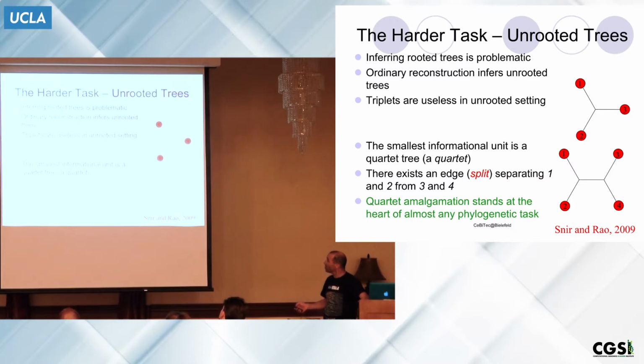The smallest information unit is then a quartet tree, which tells you that there exists an edge, a split, that separates 1 and 2 from 3 and 4. Now, quartet amalgamation stands at the heart of almost any phylogenetic task.